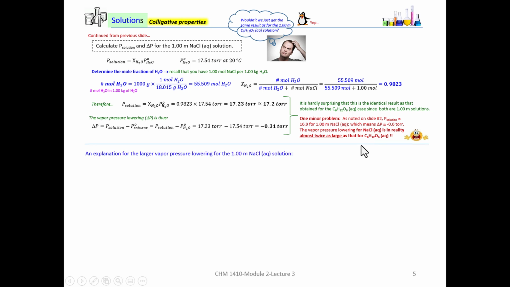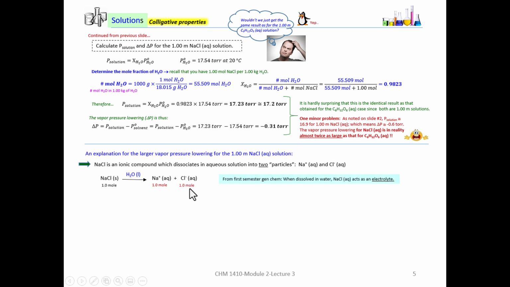Well, maybe we can explain this. Sodium chloride is an ionic compound which dissociates in aqueous solution into two particles, sodium ion and chloride ion. So if you take 1 mole of sodium chloride, which is what we did here, and dissolve it in water, you're going to get 1 mole of sodium ions and 1 mole of chloride ions.